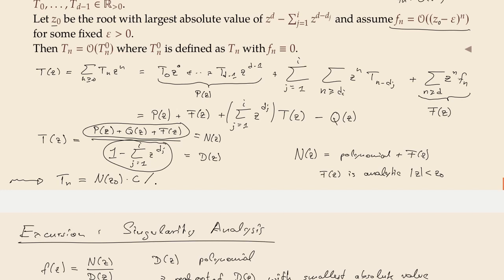And we have to divide by this mu minus 1 factorial. That's for the multiplicity of the root z0. And then the actual growth part is c0 to the minus n and n to the mu minus 1.